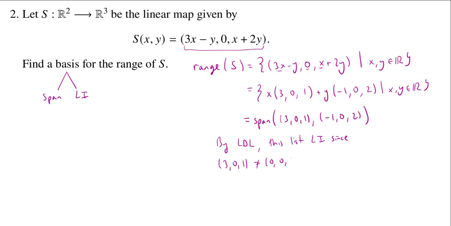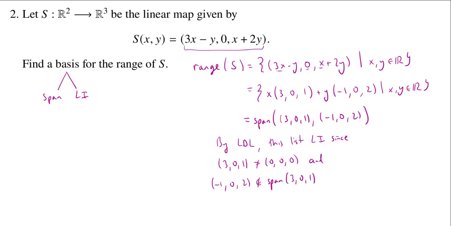That's pretty evident. And two, we need to make sure that -1, 0, 2 isn't in the span of 3, 0, 1.